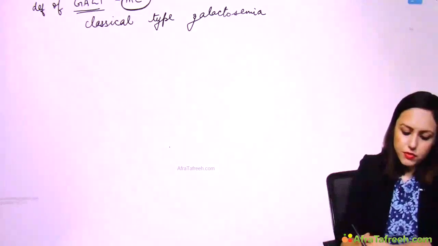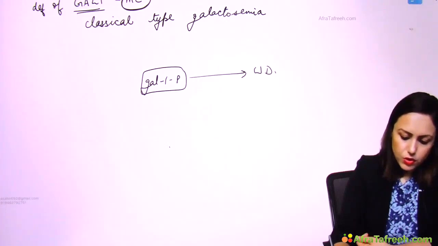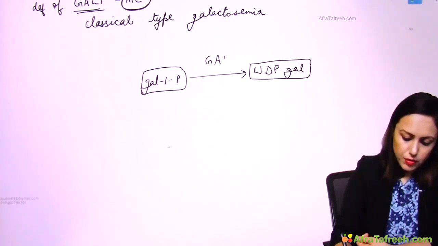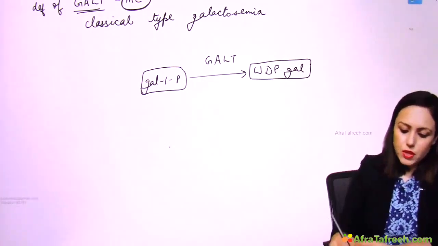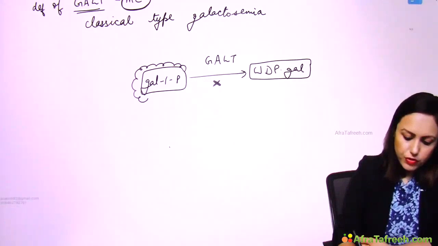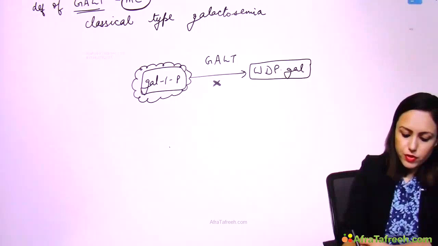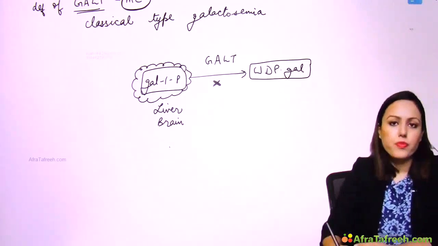In this case, which reaction is affected? Galactose 1-phosphate gets converted to UDP galactose with the help of the enzyme GALT. So when this enzyme is not working, there is accumulation of galactose 1-phosphate. This galactose 1-phosphate gets accumulated in liver and brain.